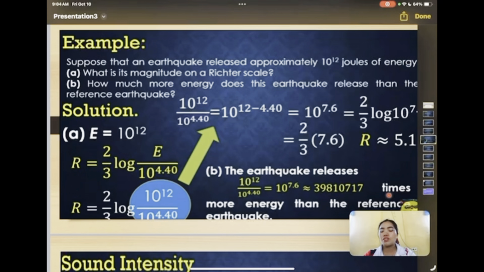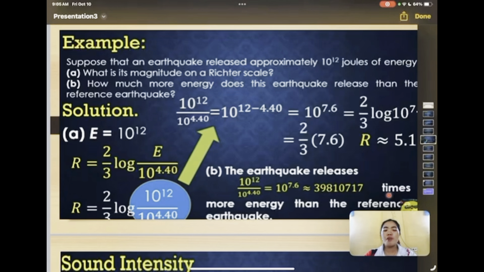R is equal to 2/3 times log of E over 10 raised to the power of 4.40. Now substitute the value of E. We have R is equal to 2/3 times log of 10 raised to the power of 12 over 10 raised to the power of 4.40.